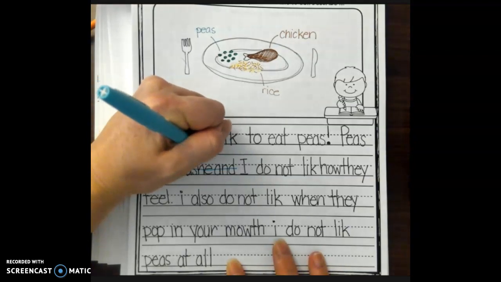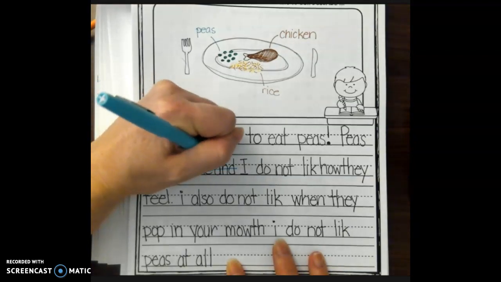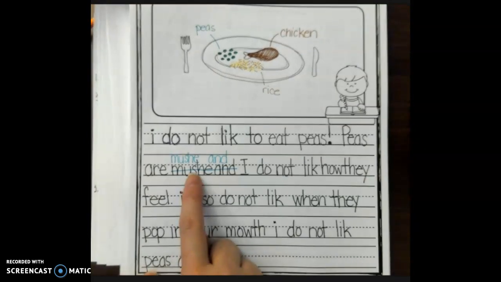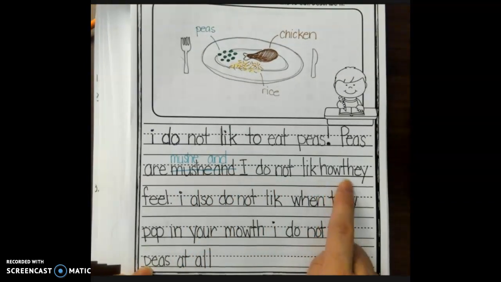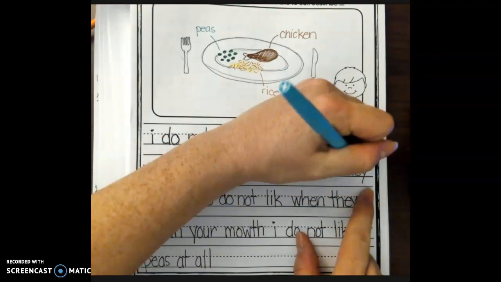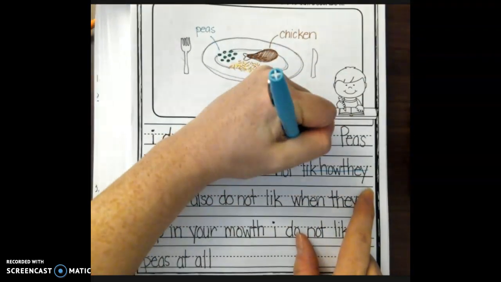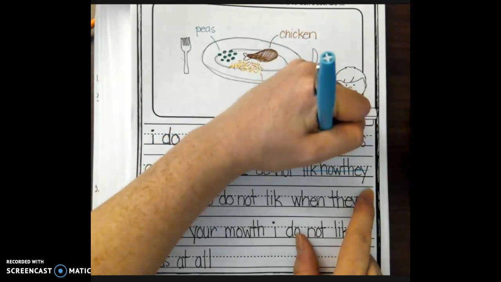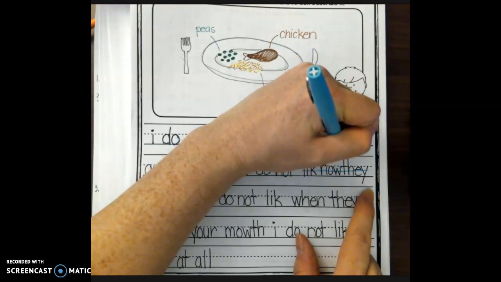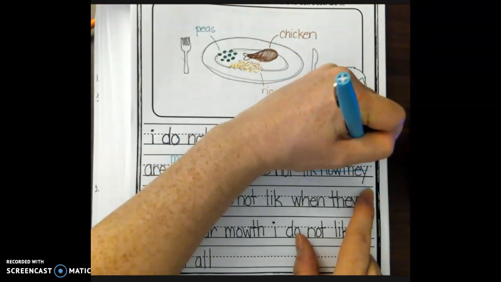And I'm going to give myself some space, and so now I can tell that's 2 words. Mushy and, okay, so, I'm getting close again, especially with all of these words. So I'm going to cross them out. Like, how, they.